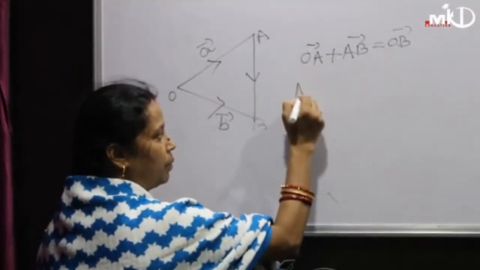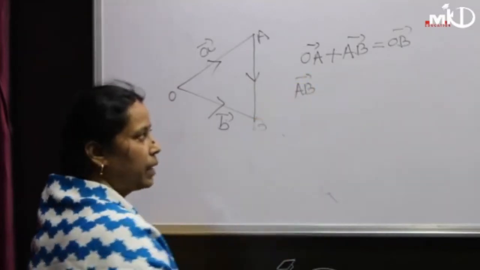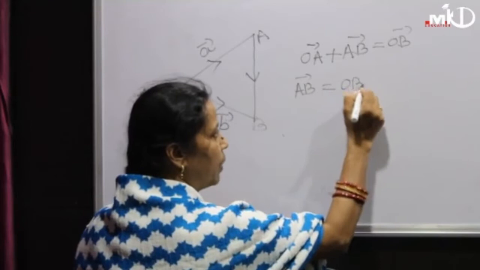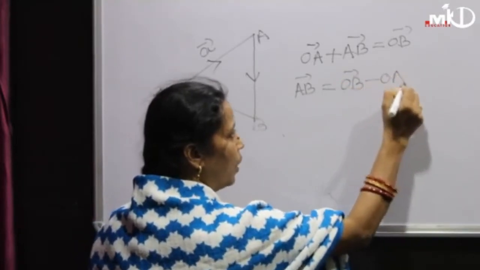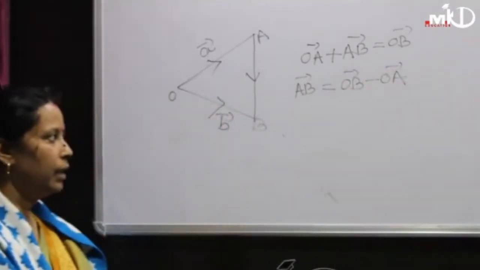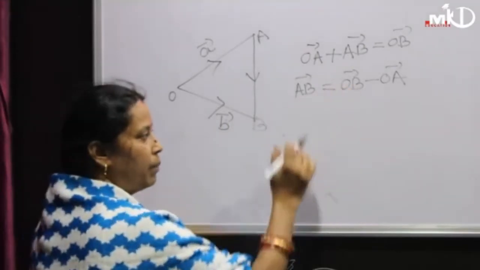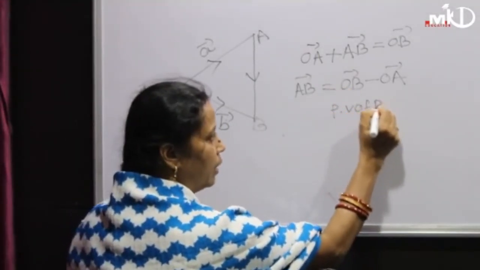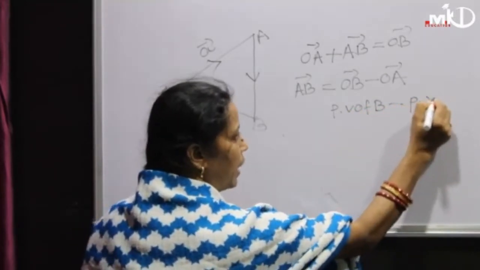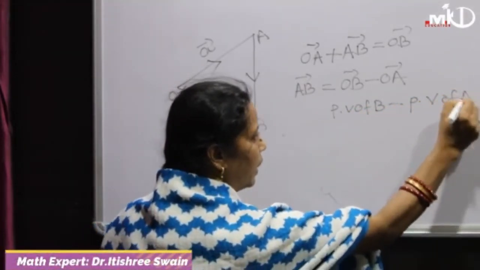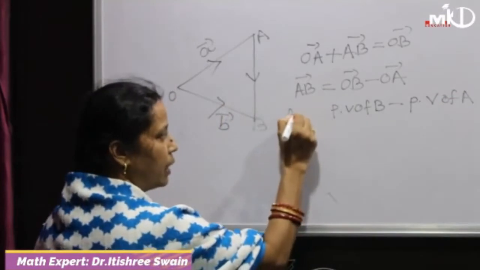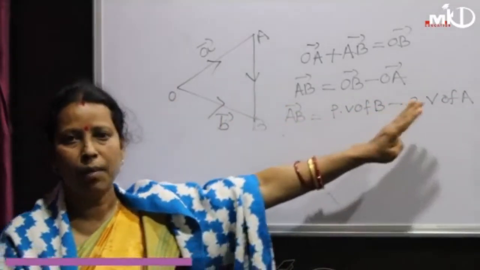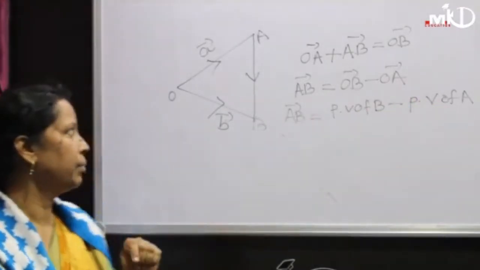From this relation, we find AB bar is equal to OB bar minus OA bar. OB bar is the position vector of B, and OA bar is the position vector of A. So AB vector is the position vector of B minus the position vector of A.